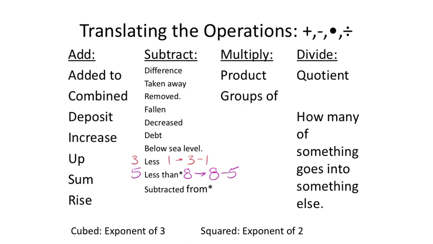So it reverses the order. And it's the same for subtracted from. If we were to see that, then we would say something like 10 subtracted from 12. Okay, that's not too bad. But, once again, it reverses the order into 12 minus 10 instead.